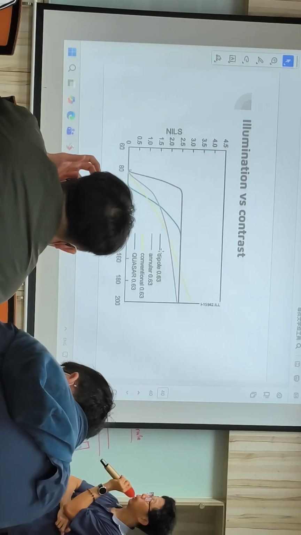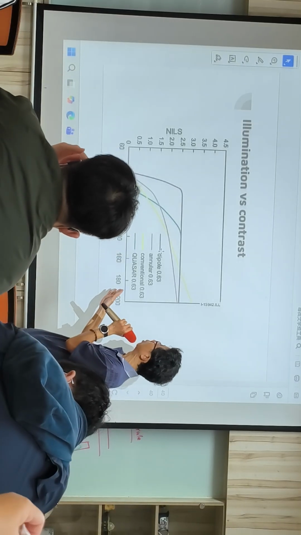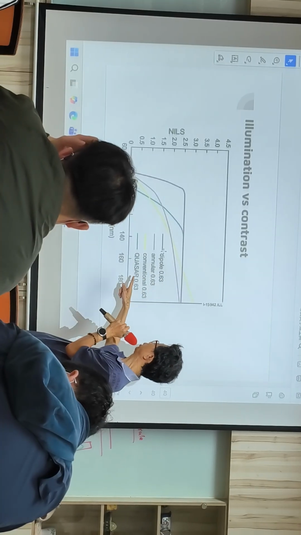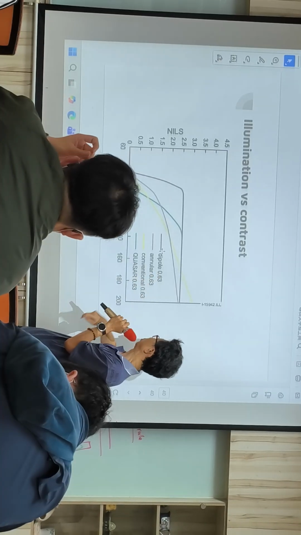Last slide for today. Illumination versus contrast. We compare conventional, annular, quasar, and dipole.